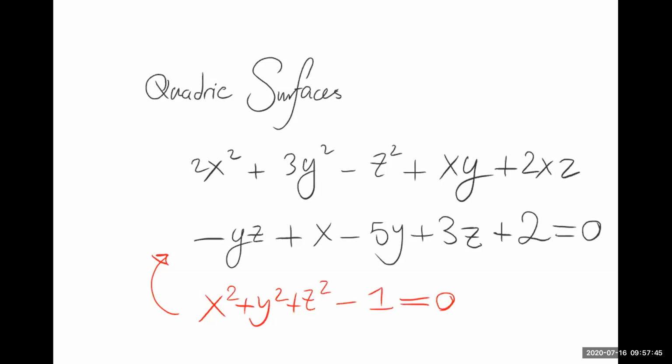What if we start to vary these coefficients? What geometric things would we see? Actually, we can get a lot of interesting things.